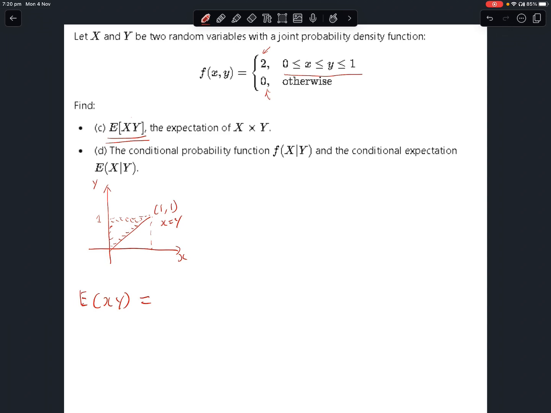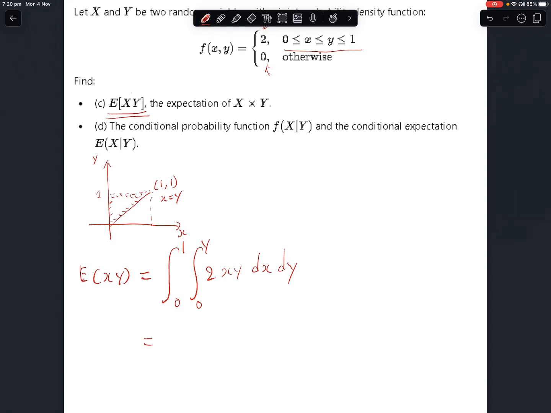The outside integral is from 0 to 1 because it's for y, and the inside integral is from 0 to y because this is for x. The probability density here is 2, and then you put the x times y here. This is for the integral in x, this is for the integral in y. Okay, so we solve this question first.